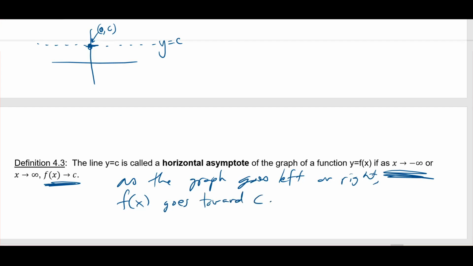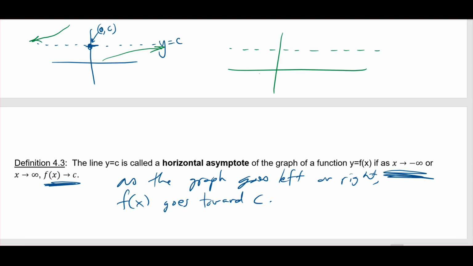Graphically here, our function could look like this, and it's just going to go toward that line, or maybe it looks like this, and it goes toward that line. But eventually, way out here with our x values at the extremes, as we approach infinity, it's going to look more and more like that line, right? Something that is very commonly misunderstood is that we can cross a horizontal asymptote.